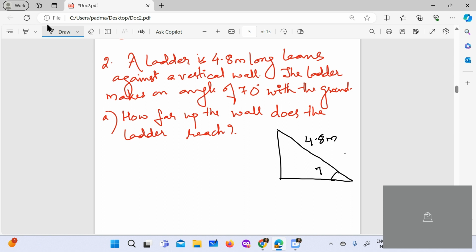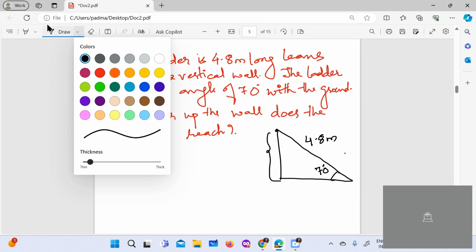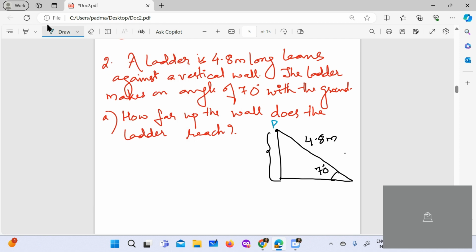Now your question is how far up the wall the ladder reaches, which means you have to figure out this length. Let me mark this triangle as PQR. So you have to find PQ.